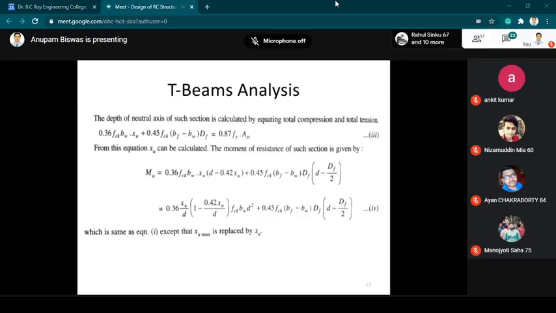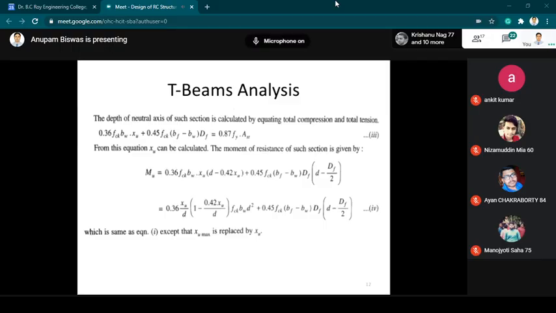For the first segment, it will be d minus 0.42 Xu, and for segment 2, it will be Df into small d minus Df by 2, because the depth of segment 2 is Df, and the depth of segment 1 is the rectangular block itself.